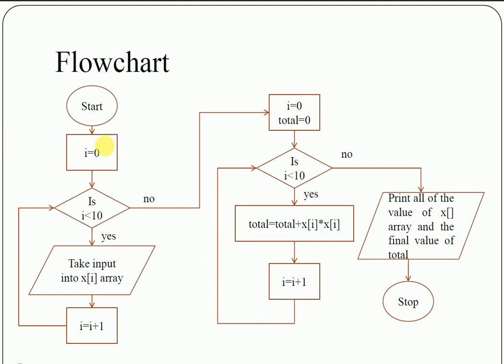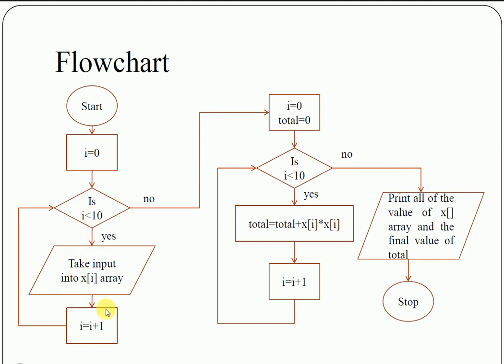Initially we will declare a variable i, which will represent the position of the array, and this is a loop. The initialization of this loop is i equal to 0, and since we will take 10 inputs only, we will give a condition: if i is less than 10, then take input into the xi array. This is the increment part of i, and it will go to the conditional part.